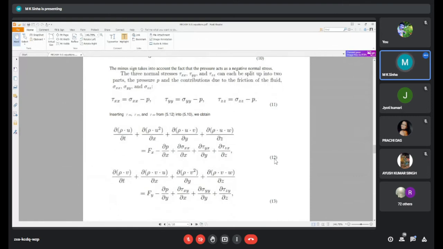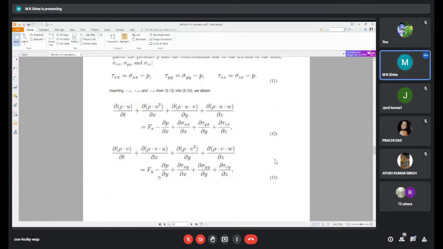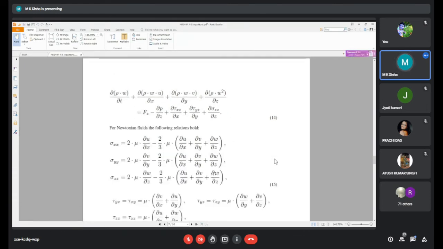Similarly, equation 13 changes: minus del p by del y with sigma yy and tau xy, that is here. Then this is the z-axis.